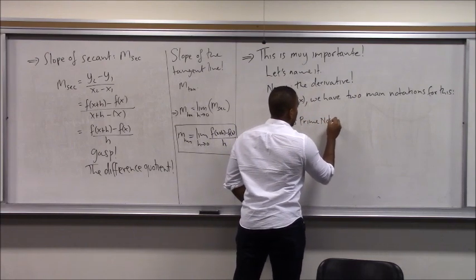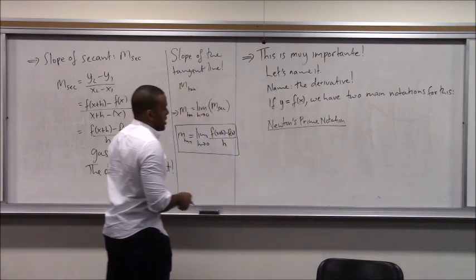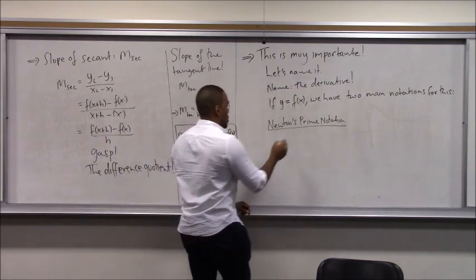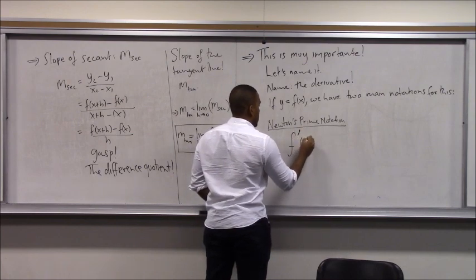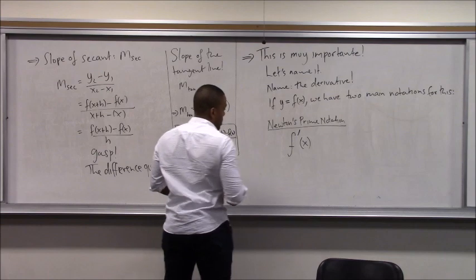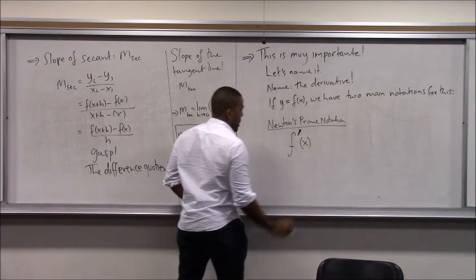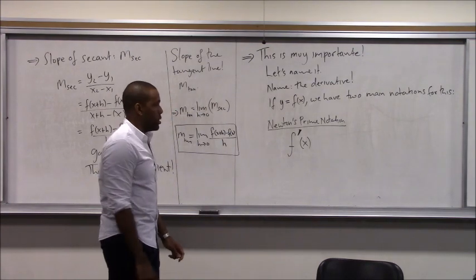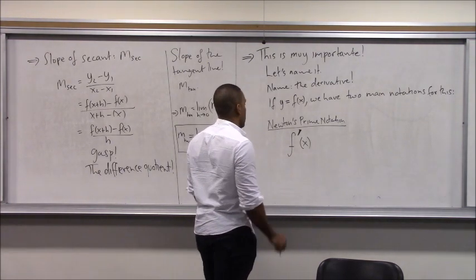It's Newton again. So if you want to talk about the derivative of a function, you use this symbol, f prime of x. It's kind of like an apostrophe, but a very ostentatious over the top one. And that represents the derivative.